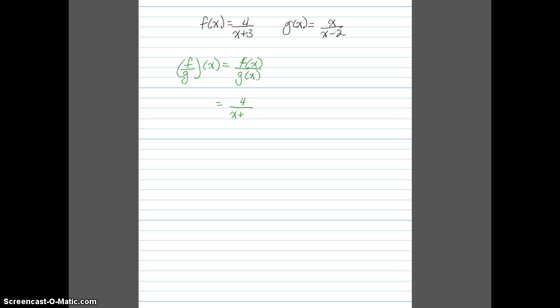So f of x is 4 over x plus 3, and that goes over g of x, which is x over x minus 2. So notice we have a complex rational expression. We can simplify that by taking the reciprocal of the denominator, x over x minus 2, and multiplying. When we do that, we have 4 times x minus 2 over x times x plus 3.